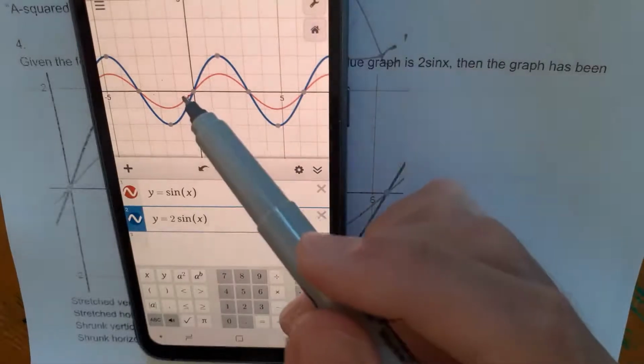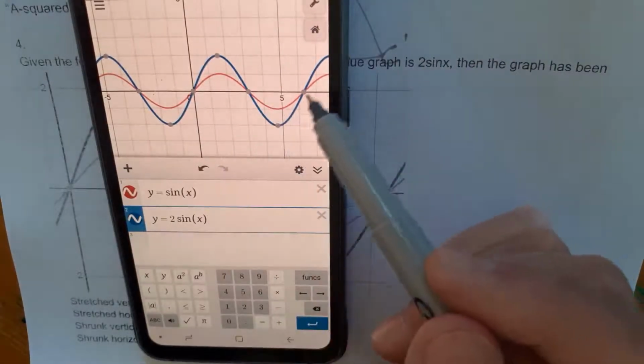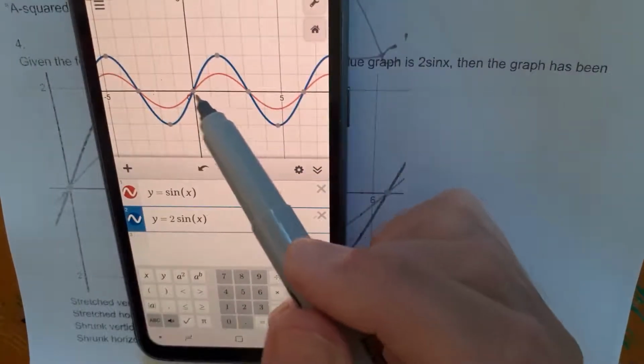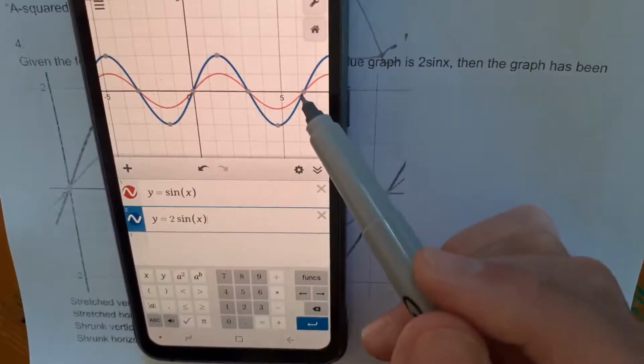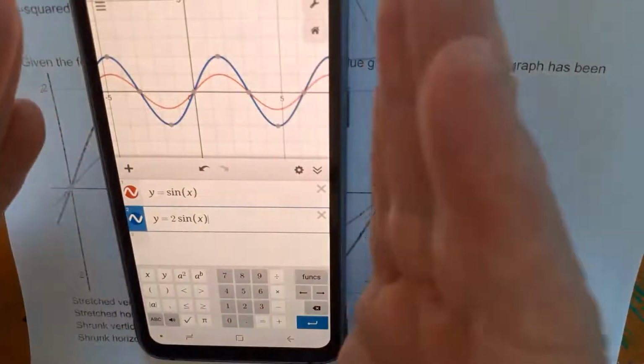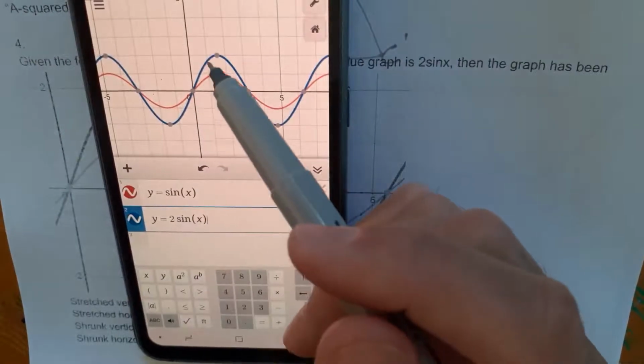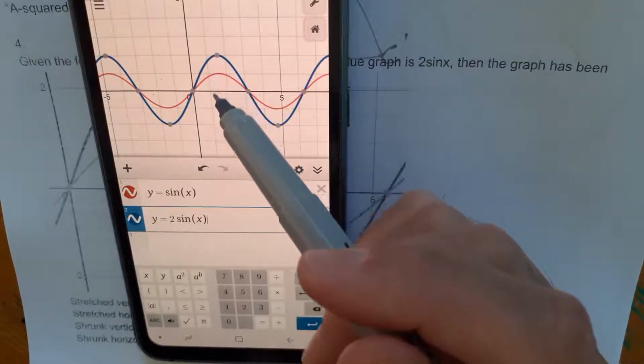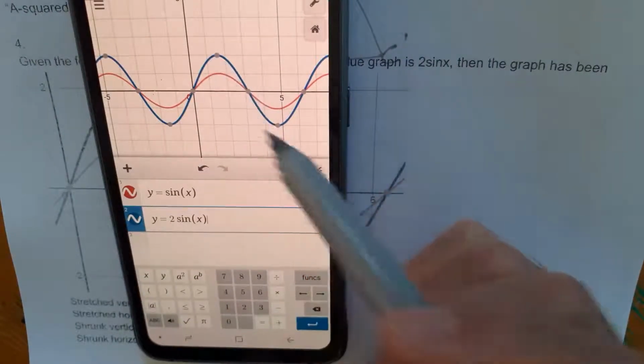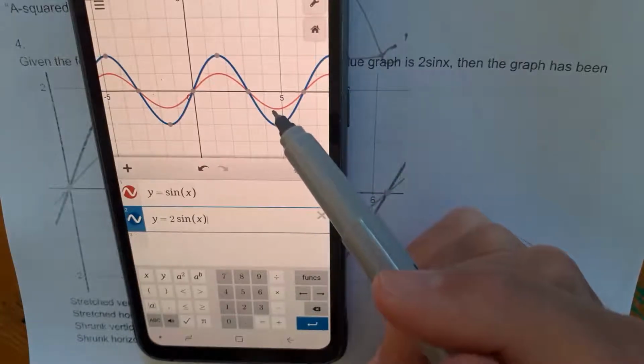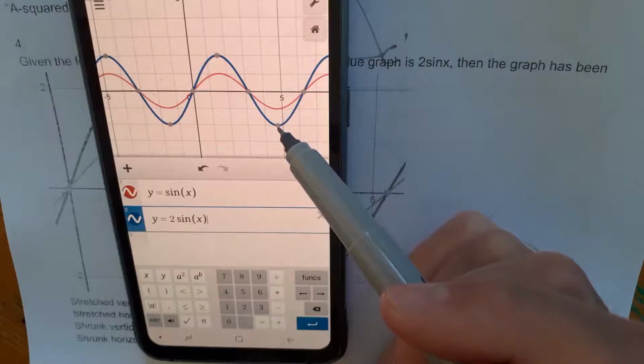So notice now, the red is the original. Notice what has happened. It's still crossing the x-axis at these points. So it's not being stretched horizontally. But notice how high it comes. The graph is coming twice as high and twice as low. It came 1 unit down. Now it's going 2 units down.